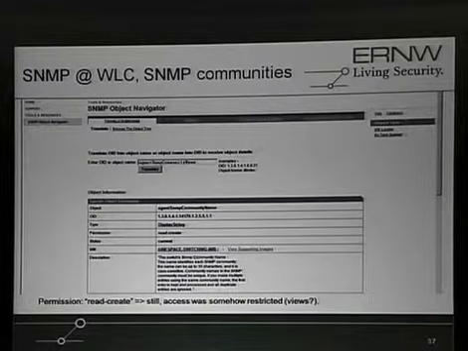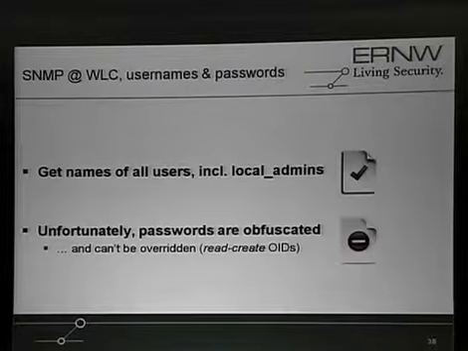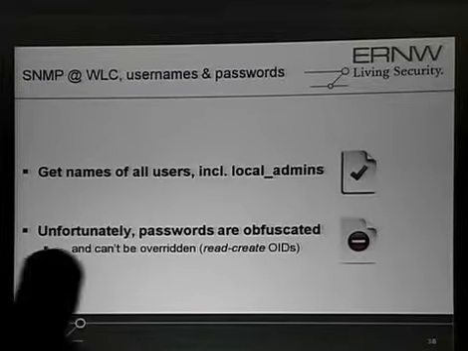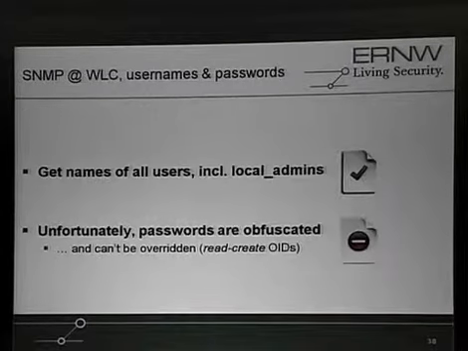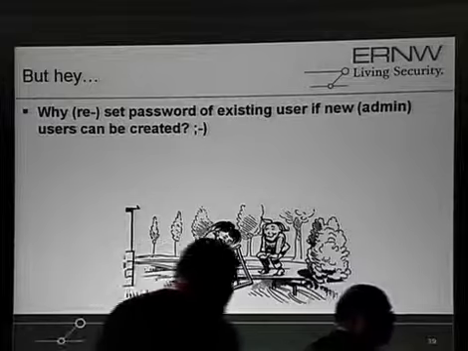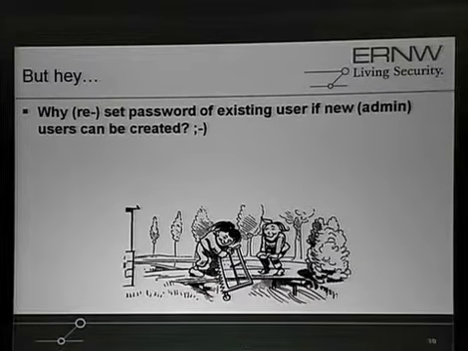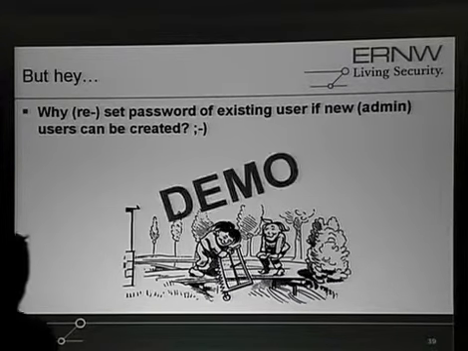But again, putting SNMP configuration into SNMP itself in a recreate OID, this is heritage kind of stuff. So what was interesting is there were usernames and passwords for the local administrators of some entities. Unfortunately, the passwords are obfuscated, so we couldn't modify or get them out or write them. But hey, I mean, why reset a password of an existing user if you can add new admin users with a given name and a given password?